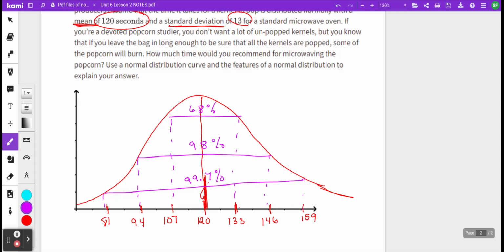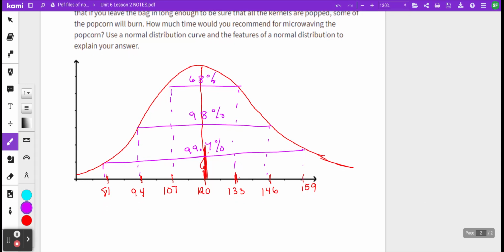Okay. So this is where you decide where you think you should have it pop. And you're going to write a sentence. What do you think it should be? Do you want it to be just at 120 seconds? Do you want it to be one standard deviation above, where, think about it, that would be 50 plus the 34%, that would be 84% of it would be popped.